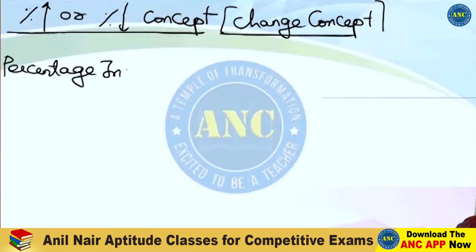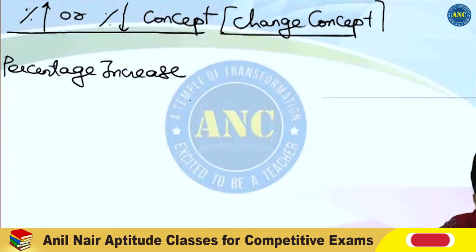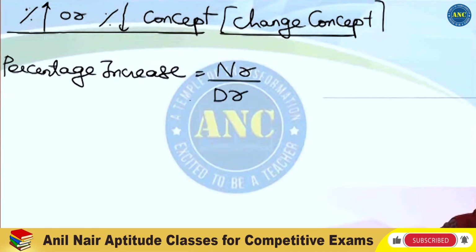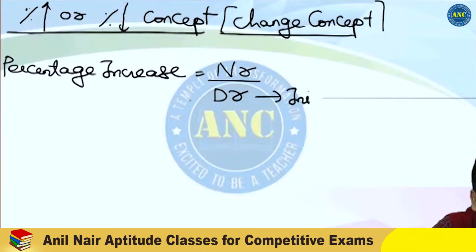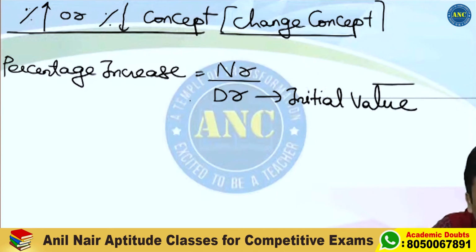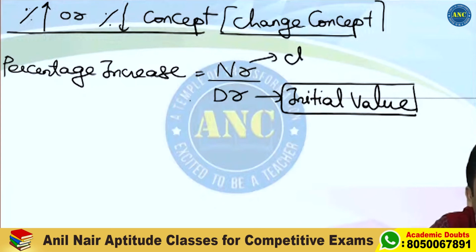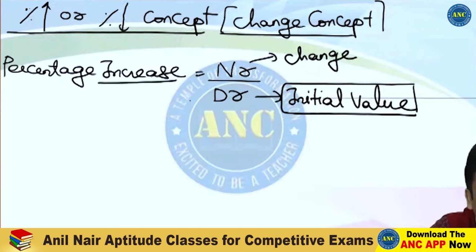Percentage increase is given as numerator by denominator. Denominator is always nothing but the initial value. Numerator is nothing but the change, because it is increase.